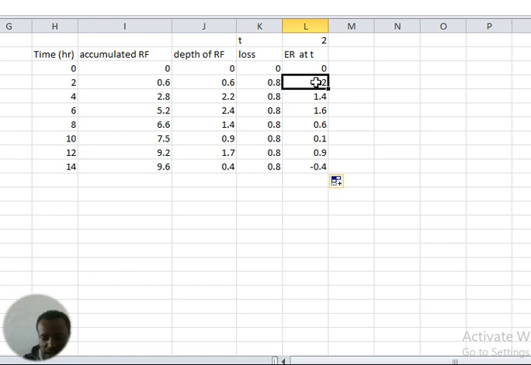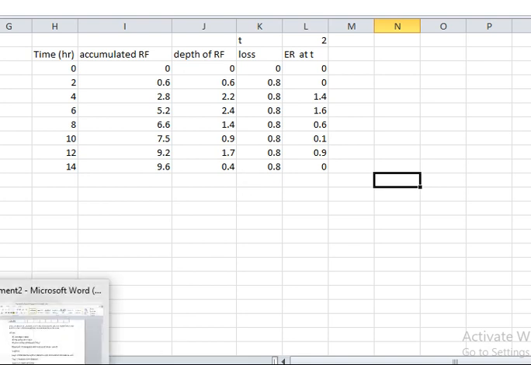It's already 0, and the negative values indicate that there is no rainfall contribution to the generation of runoff, so we can cancel it.